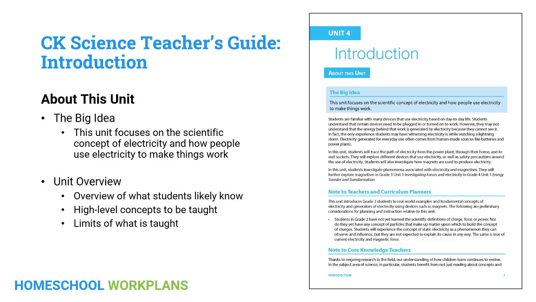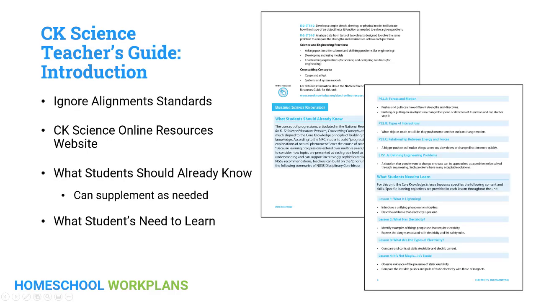There is additional information in this section talking about the limits of what will be taught in the unit, because in reality, a second grader, 7, 8 years old, doesn't really need a full understanding of the physics behind definitions like charge, force, or power. There are some concepts that are simply better introduced when they're a bit older. So moving on, the teacher's guide does provide some explanations that tie directly to national science standards for education. As a homeschooler, you don't need to worry about these specific notes on alignment.